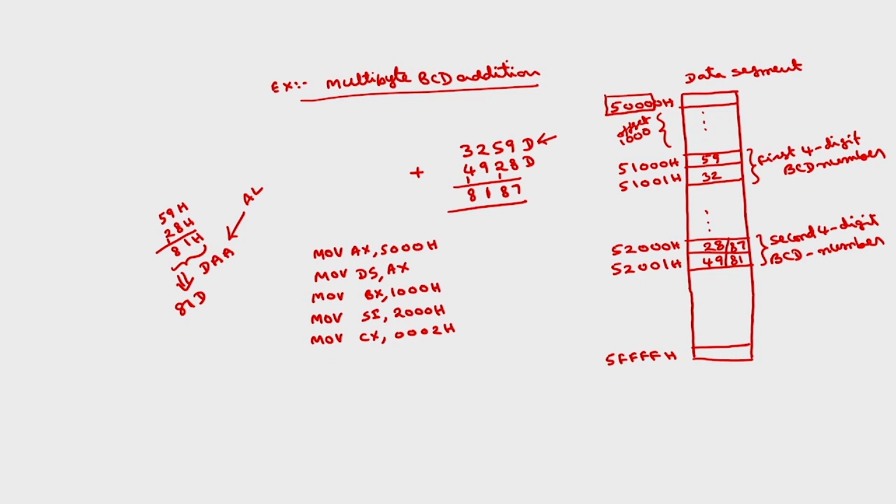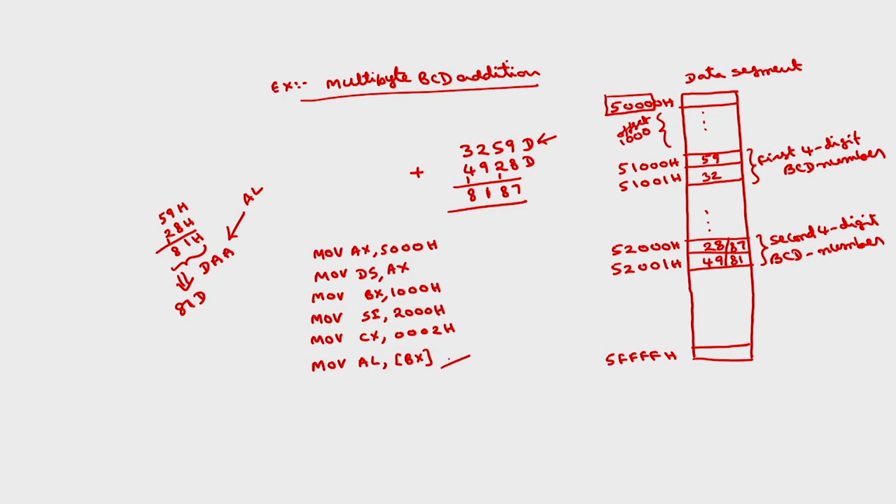Then what you have to do? In order to perform this addition, one of the operands has to be taken into AL. So, MOV AL, BX. So with this instruction what happens? Here no need to write the BYTE PTR because the destination is 8 bit.